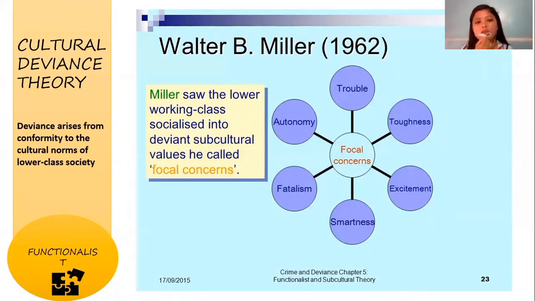Talking about trouble, it refers to people in the lower class engaging in deviant behaviors that are usually intervened in by social control agents such as police, wherein, for example, people in the lower class usually get involved in fighting. So there is this interference of police in terms of controlling this act of fighting. Then next, we have toughness.